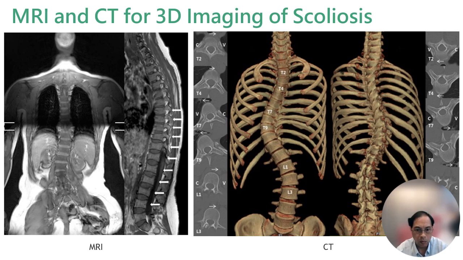But both require the subject to be lying down, and that will significantly change the natural deformity when the subject is standing. So that is not routinely used for diagnosis of scoliosis, but before or during surgery, the subject will be scanned using MRI or CT.